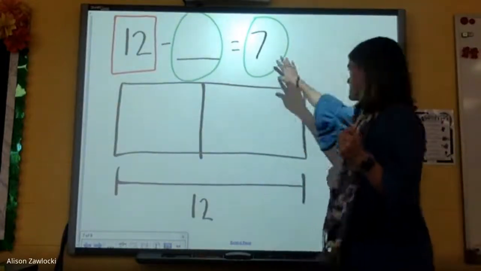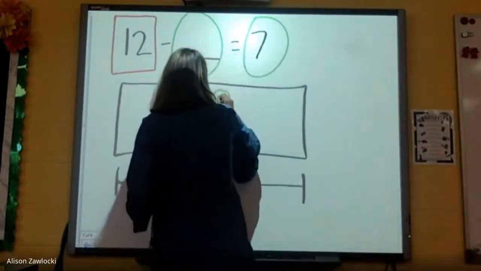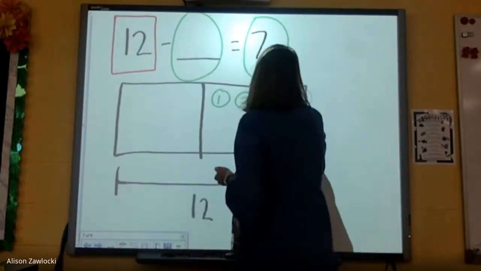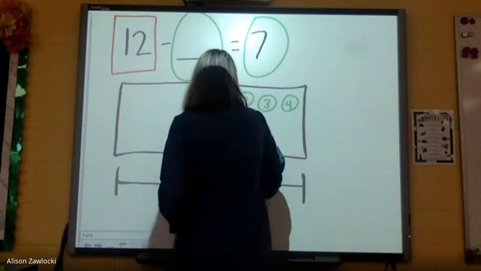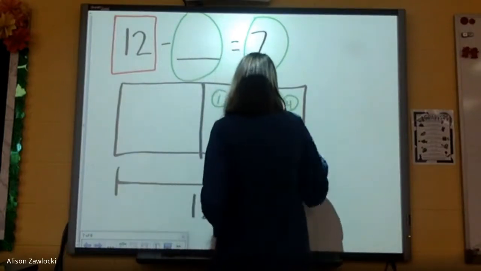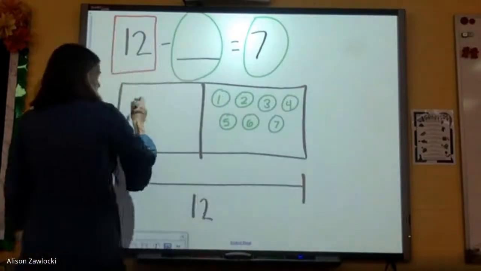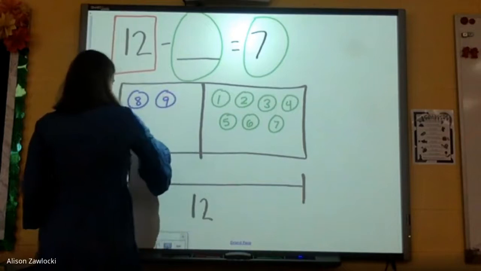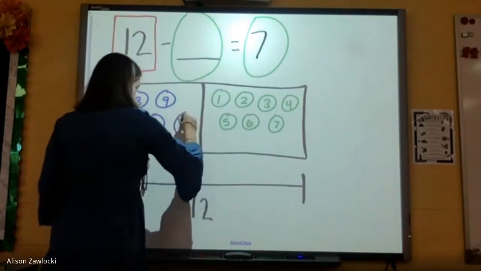Let's go ahead and get started by drawing counters for number 7. 1, 2, and I'm going to write my numbers inside. 3, 4, 5, 6, 7. All right, let's keep adding counters until we get to 12. 8, 9, 10, 11, 12.